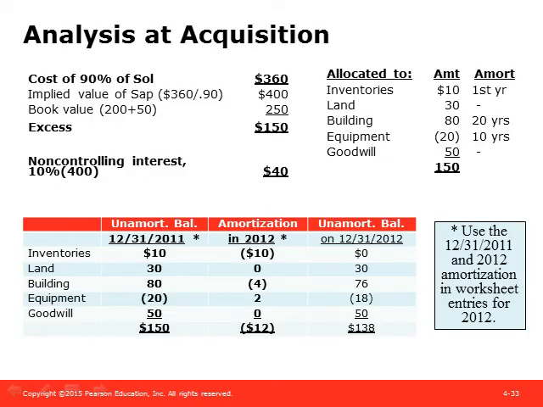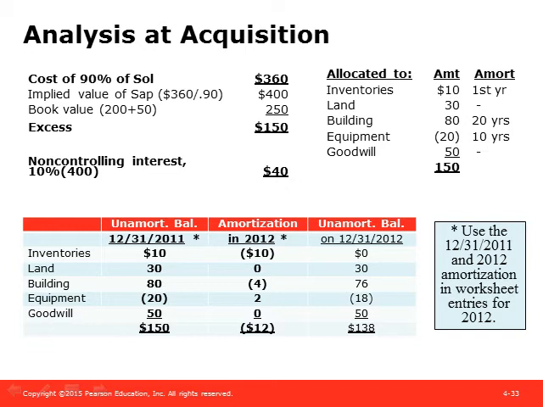And so this gives us the analysis that we have to perform at acquisition. So we are told that the cost of 90% ownership of Sol was $360K, which we are able to, by inference or implication, derive an implied value of Sol of $400K, and we're told that there's a book value of $200K plus $50K, which gives us an excess of $150K, and a non-controlling interest of $40K of the $400K implied value.